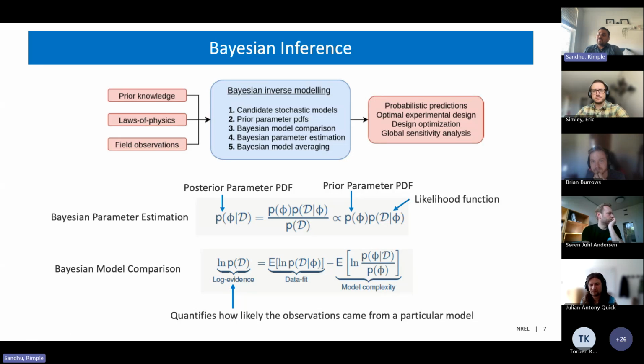I should mention that in the model complexity term of this Bayesian model comparison, you see the log of P of phi given D in there. That means it includes the entire information, the joint distribution of parameters, when it captures model complexity. Akaike's information criterion and all of these measure model complexity in terms of the number of parameters a model has. That may work for polynomial regression and the like, but it may not work for complicated models that have nonlinearities.